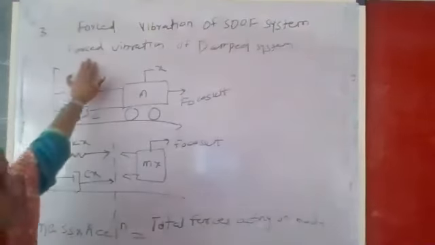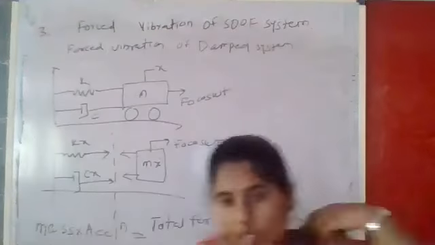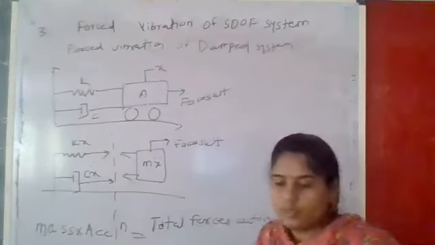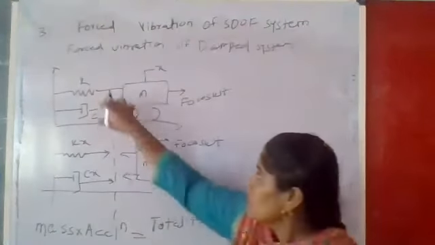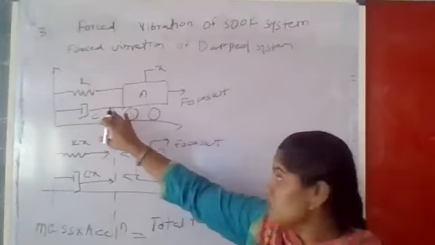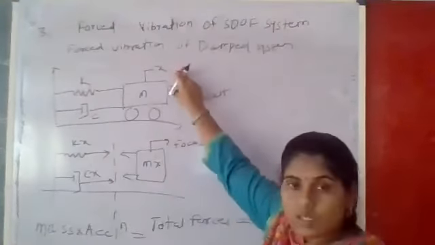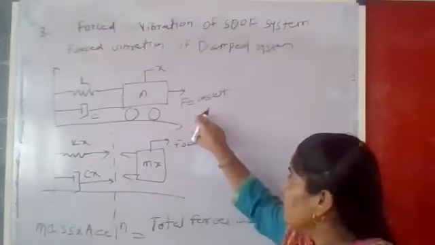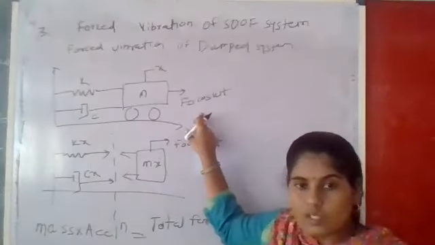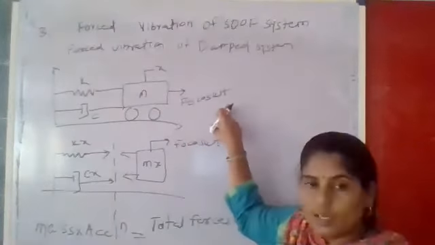Look, in this forced vibration of damped system, all these terms will come here. K is the stiffness, C is the damping coefficient, M is the mass, X is the displacement, and because of the forced vibration there is an external force, F naught cos omega t.